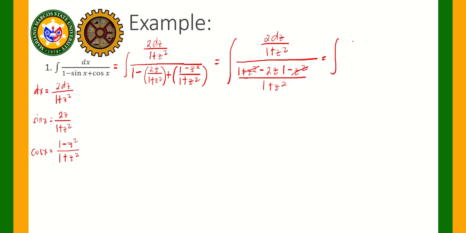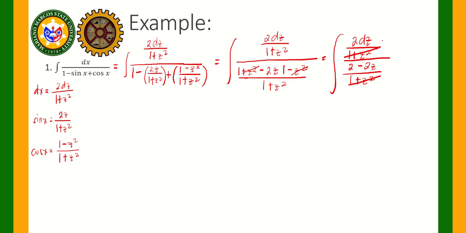And we simplify further. This is equal to 2dz all over 1 plus z squared over 1 plus 1, that is 2, minus 2z all over 1 plus z squared. Okay. So, this will cancel. Why?